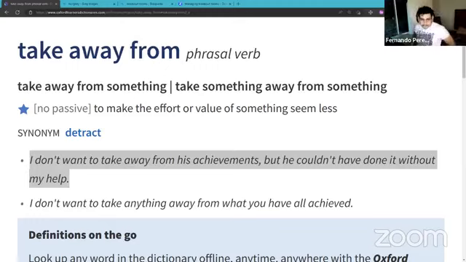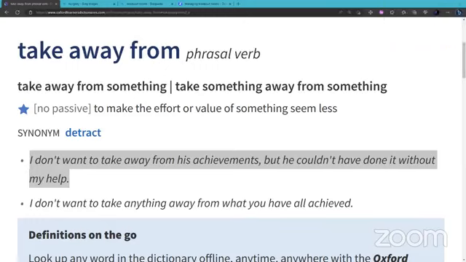Why not? Oh, I know. In this part, he couldn't have done it without my help. This is the phrase.